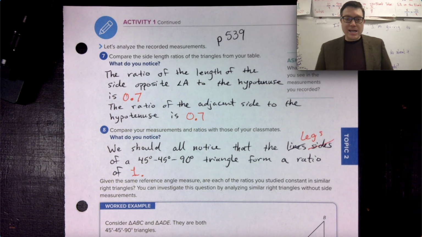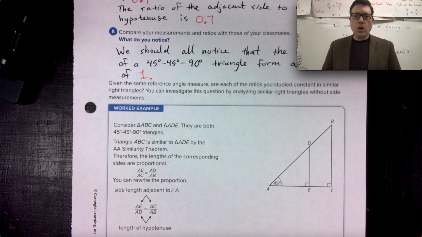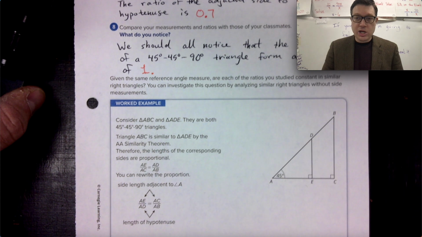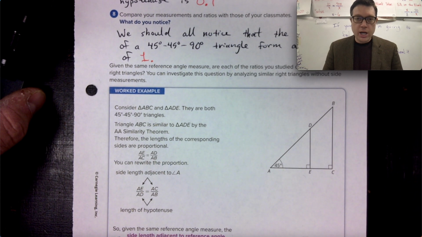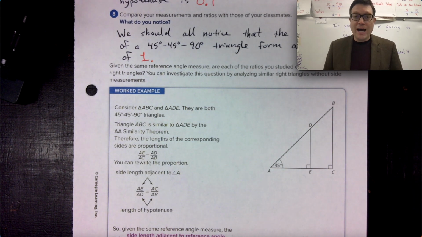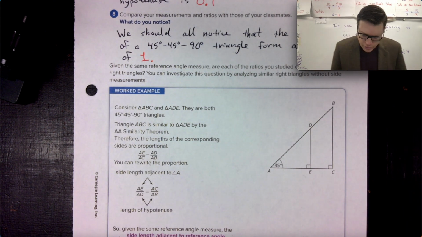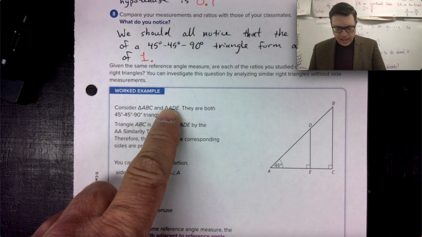With that, let's go ahead and take a look at the worked example. Given the same reference angle, are each of the ratios you studied constant in similar right triangles? And you can investigate this question by analyzing similar right triangles with outside measurements. So we have triangle ABC and triangle ADE.